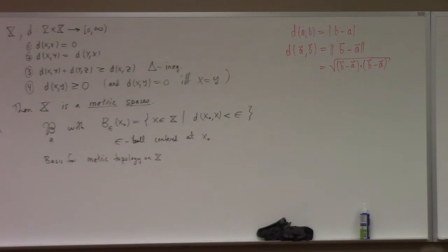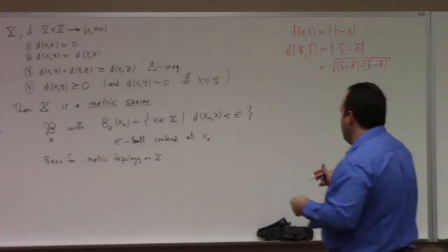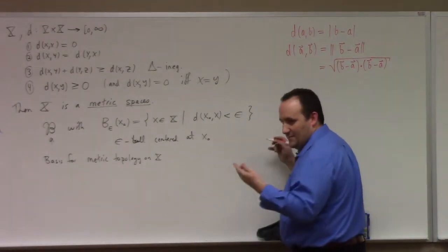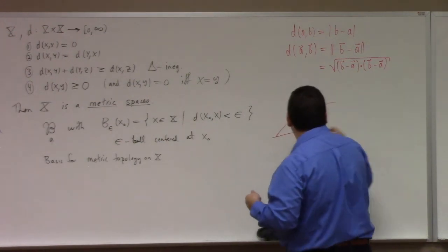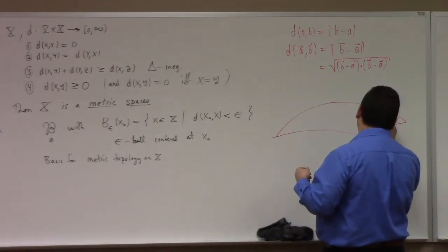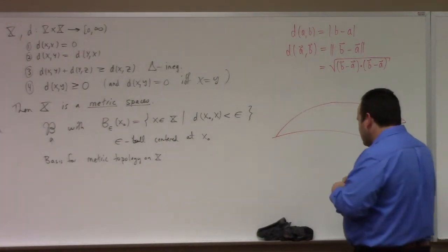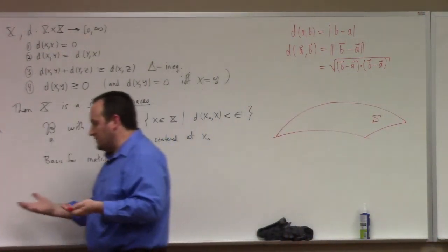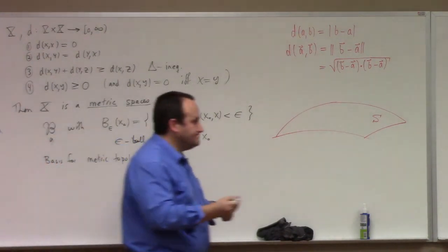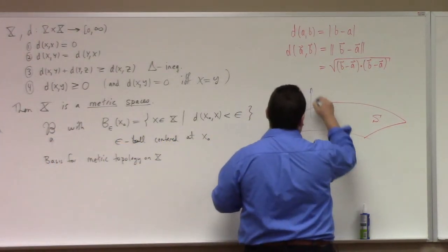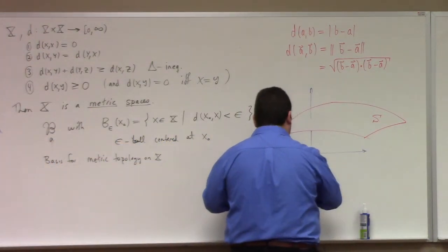But let's think about the subspace topology in view of that, right? This is why I'm talking about all this: if I have a subset, say a surface S, that's an example of a subset of R3, then what would the subspace topology on that look like?